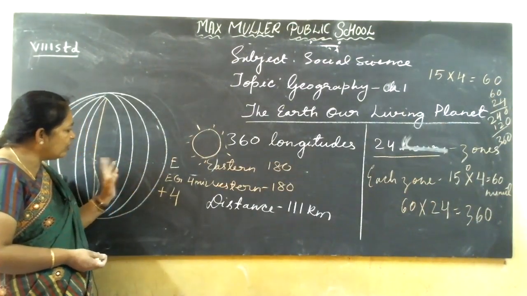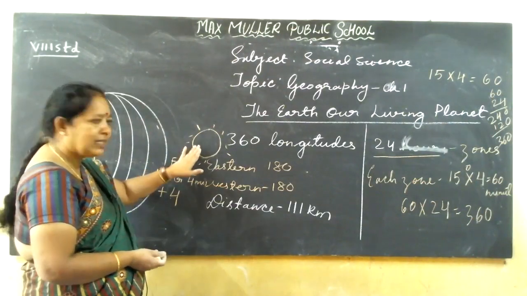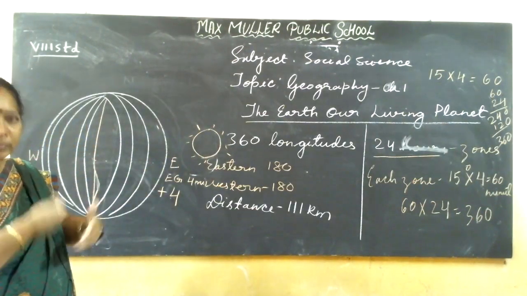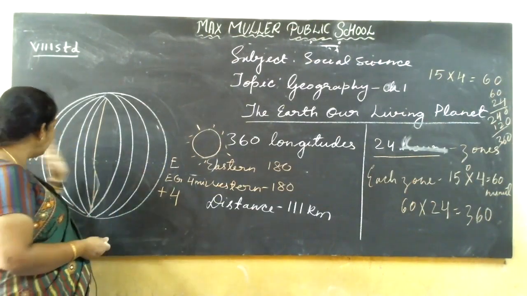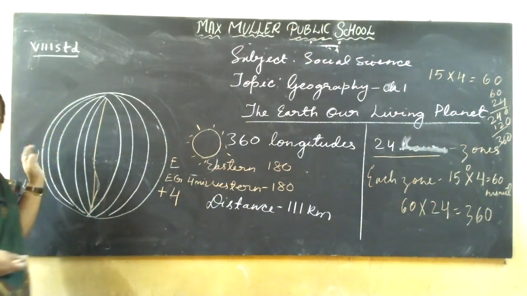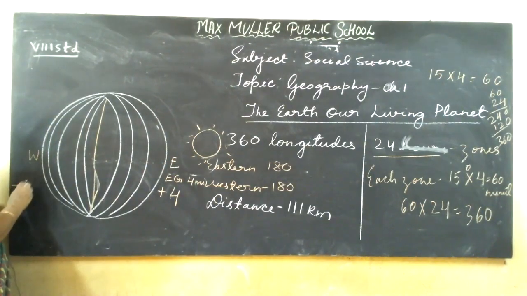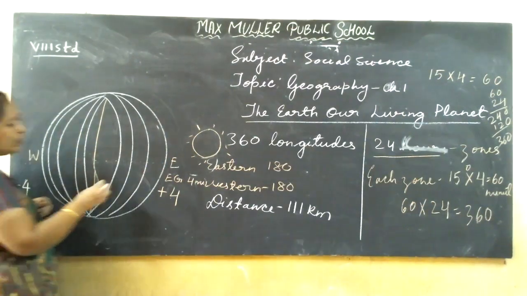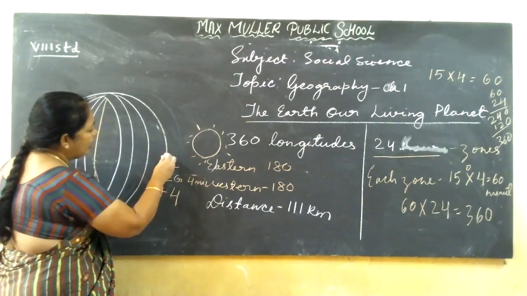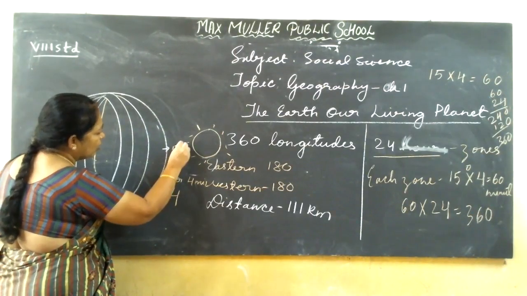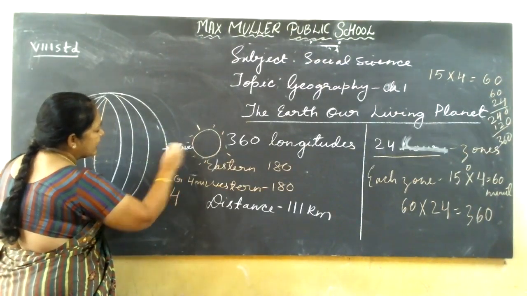So when we are going to the eastern side to face the sun, we will be gaining 4 minutes. And when we are at the back, on the western side, we have to minus 4 minutes. We have to deduct the time. Suppose, see, now I am thinking this has 12 o'clock noon. Exactly this one.